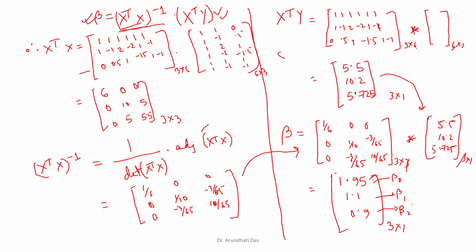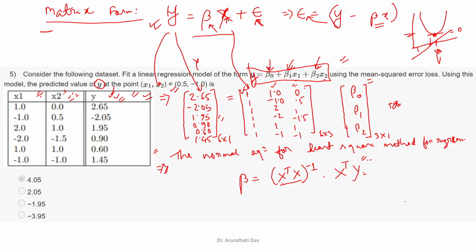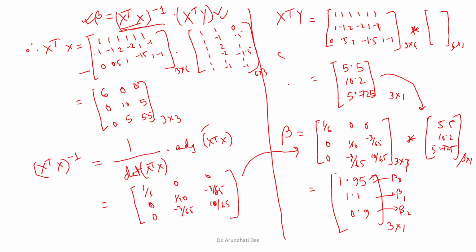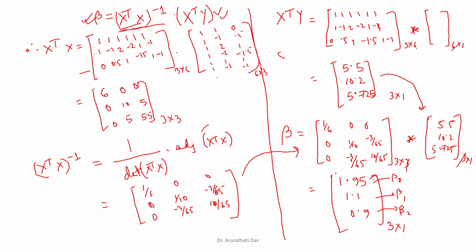Once I have these beta values, you see what the equation was? The equation is of this format. The predicted y value will be beta naught plus beta 1 x1 plus beta 2 x2, right? We just obtained the beta values of 1.95, 1.1 and 0.9.